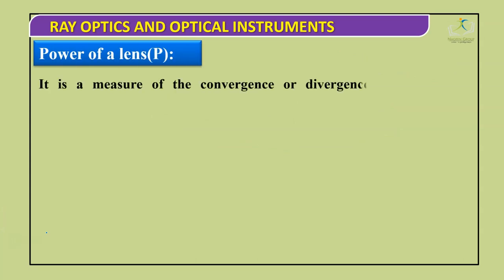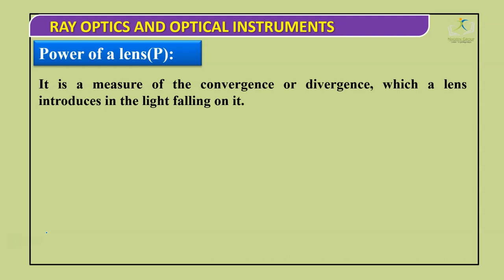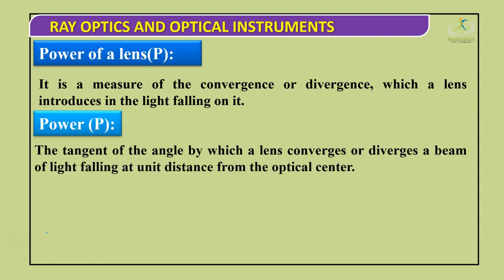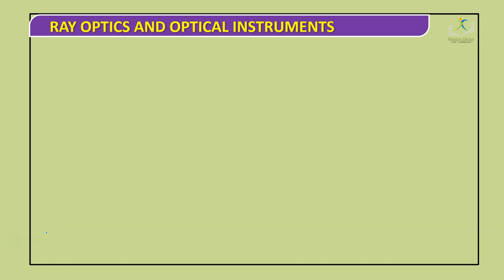It is represented as P. It is a measure of the convergence or divergence which a lens produces or introduces in the light falling on it. Power P is the tangent of the angle by which a lens converges or diverges a beam of light falling at a distance from the optical center. The reciprocal of the focal length is called power.